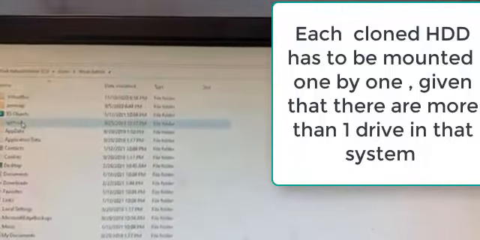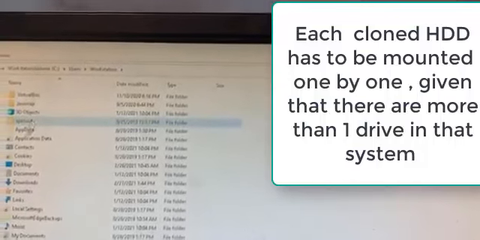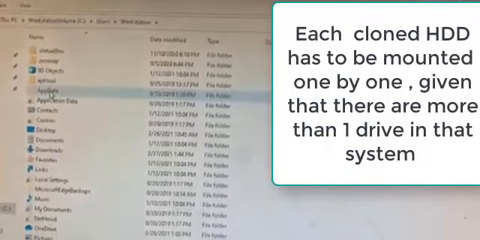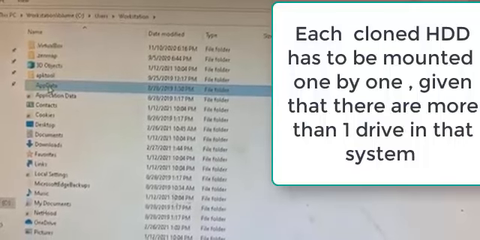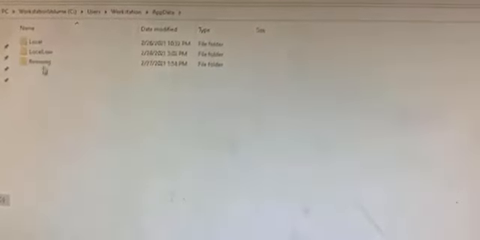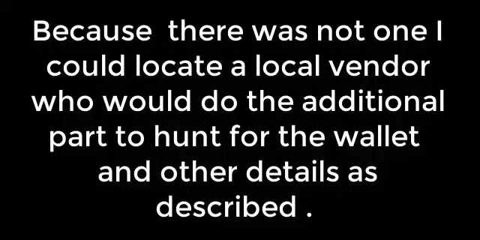Because that drive and that system will not power up, it cannot be powered up. That drive has to be cloned. You can only work from a clone, and that clone can be mounted as a secondary drive, and then the required information extracted. That's the only way.